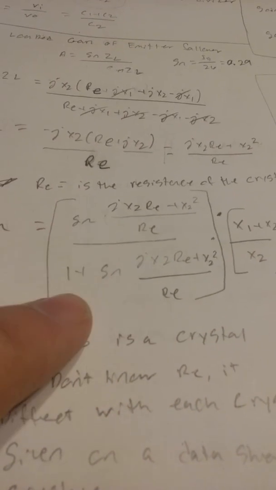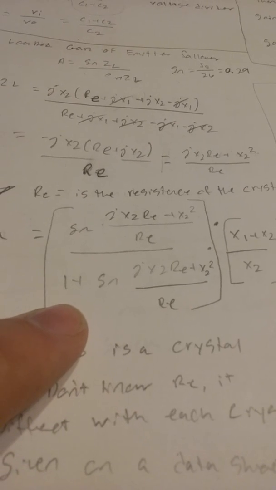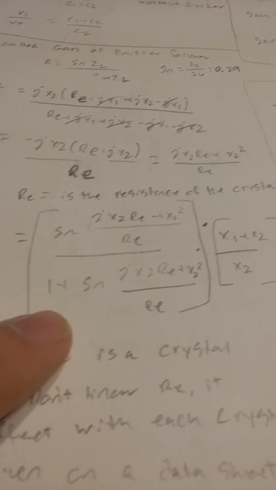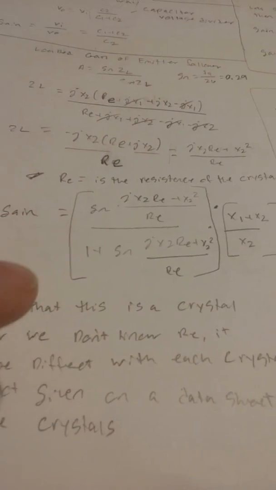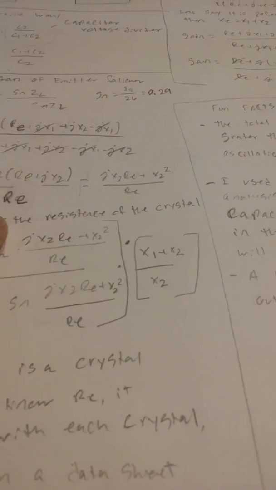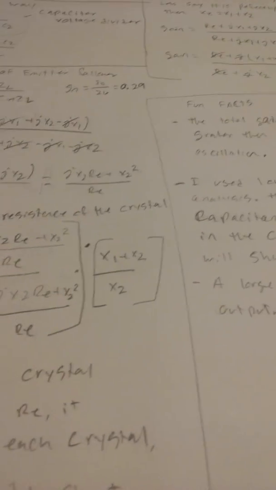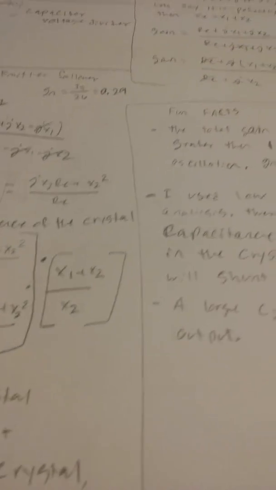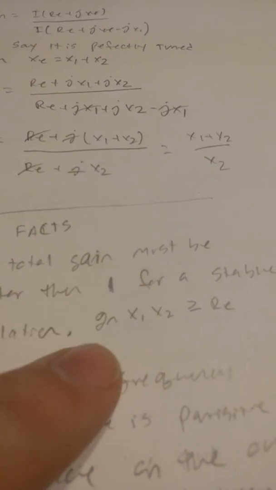So, and this works out to this here. And I didn't bother to solve it for this circuit because I don't actually know what RE is. I know it's small, but I don't know what it is. So when I looked up how to solve for this, I found this equation here.